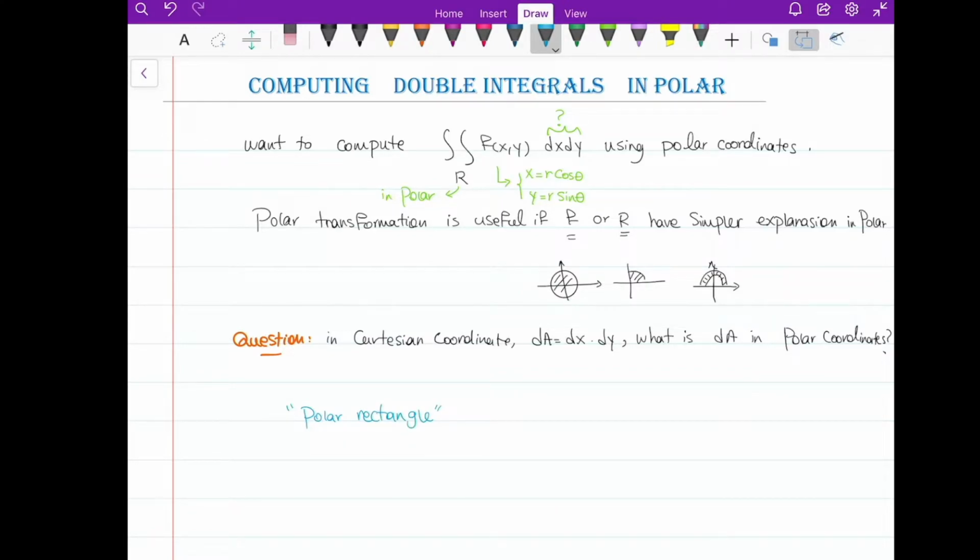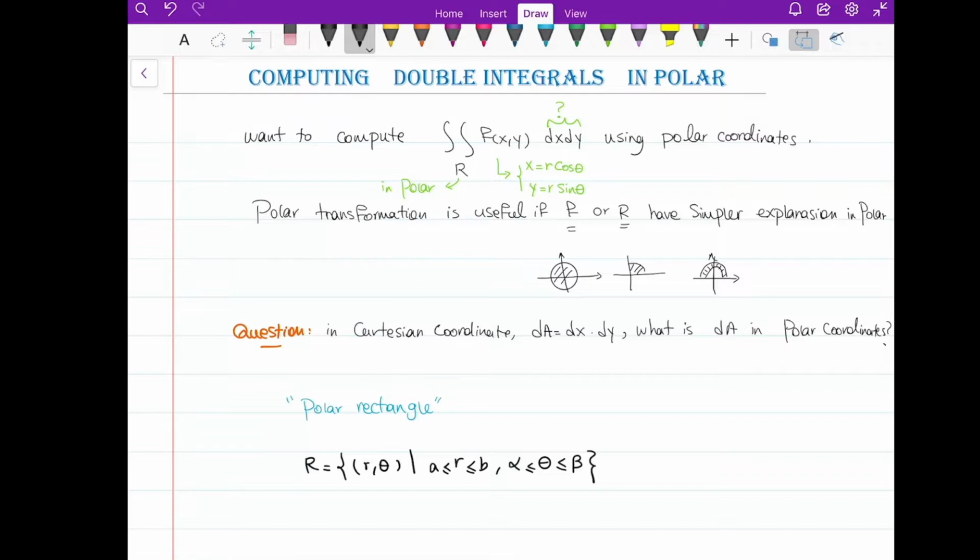What is a polar rectangle? A polar rectangle has some equation like this. R is some points r and theta, where r is between a and b, and theta is between alpha and beta. Okay, so let me graph it.